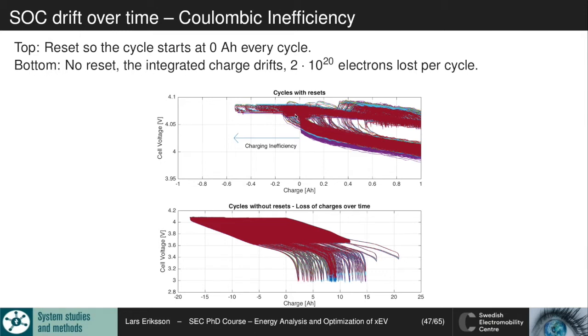And if we do some computations here, we, for these, lost 2 times 10 to the power of 20 electrons per cycle. That doesn't mean that we lost them. They didn't disappear. It's that they just didn't do any useful work over the cycle. And this shows how the drift influences over the cycles that were measured.